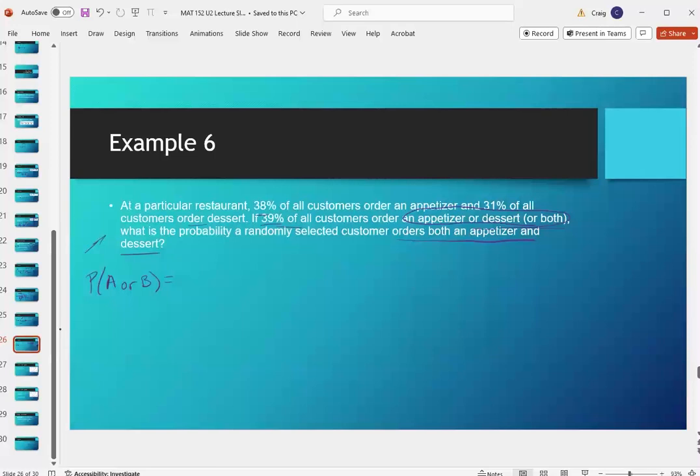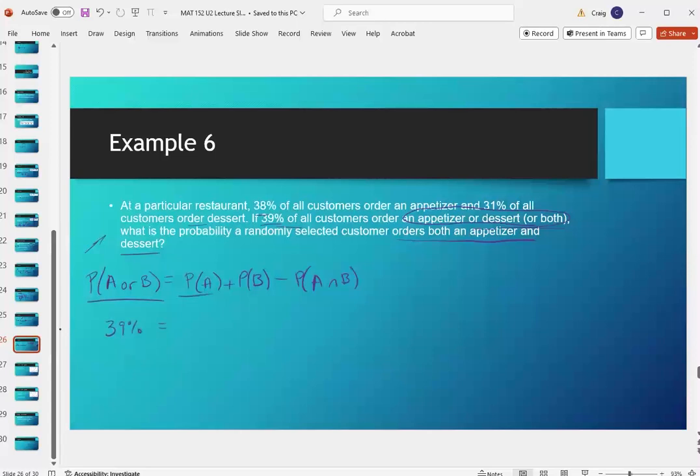But remember the probability of A or B equals the probability of A plus the probability of B minus the probability of A and B. And again, write it out because it's helpful. Now look, now we know the probability of A or B. It's given to us.